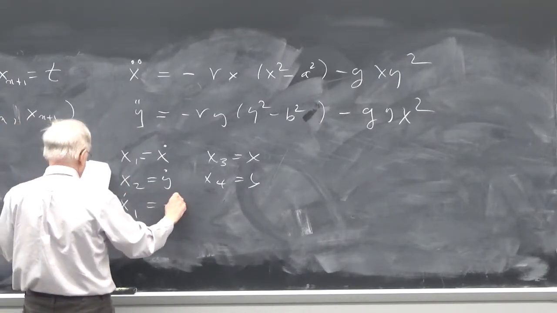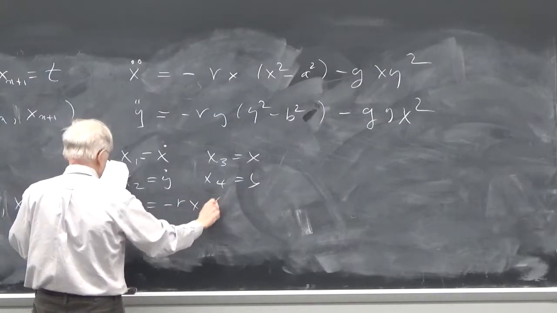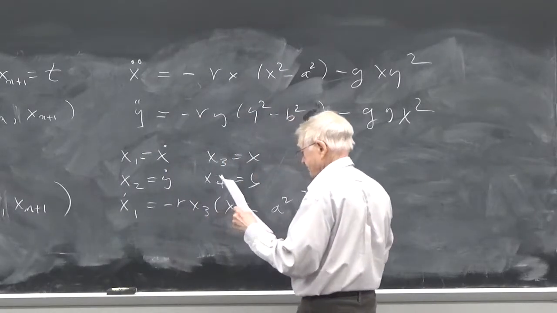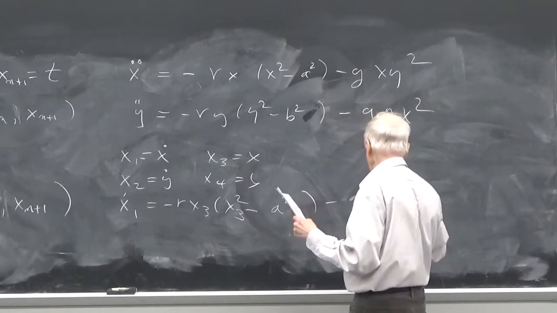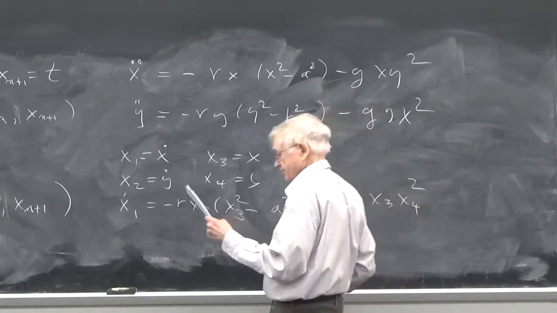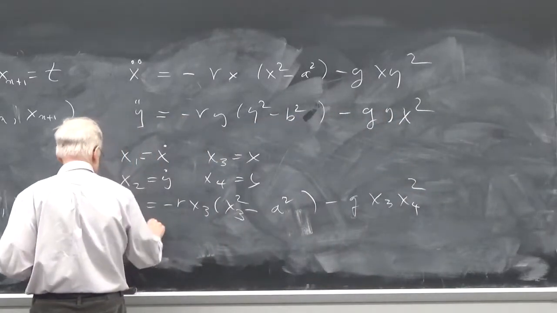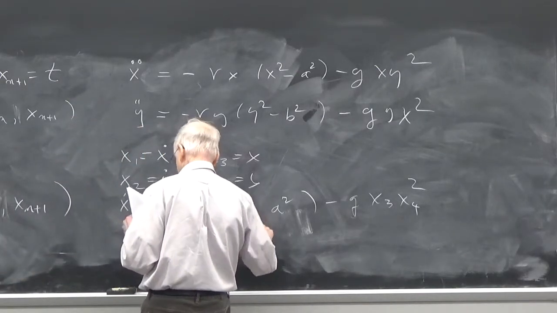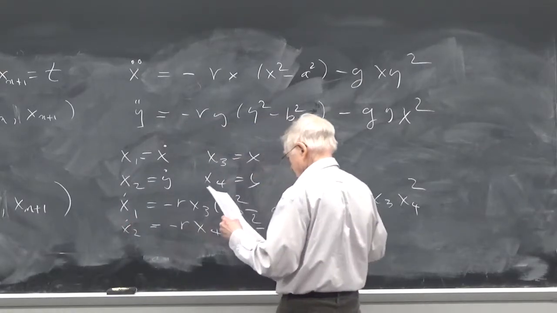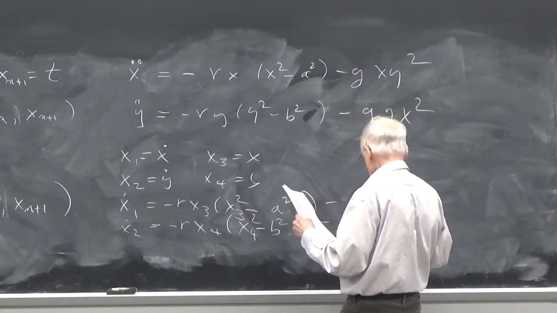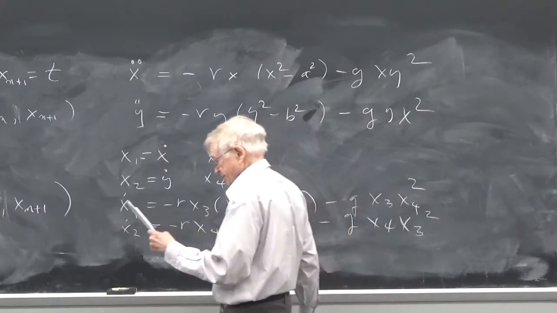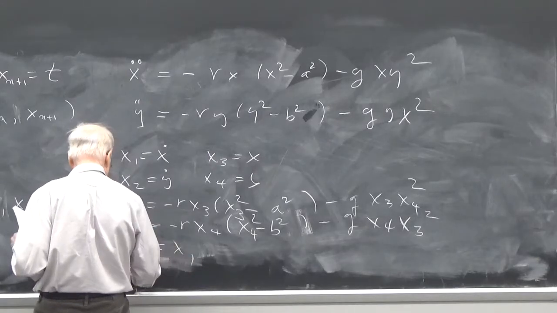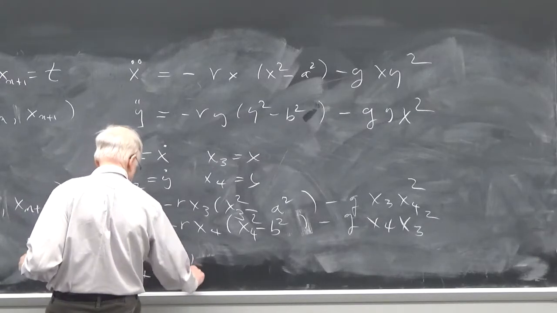x1 dot is minus r x3 times (x3 squared minus a squared) minus g x3 x4 squared. x2 dot is minus r x4 times (x4 squared minus b squared) minus g x4 x3 squared, and then x3 dot is equal to x1, x4 dot equals x2.